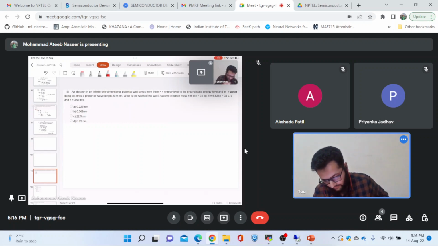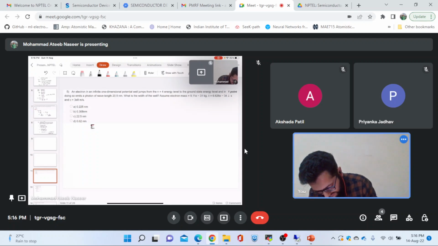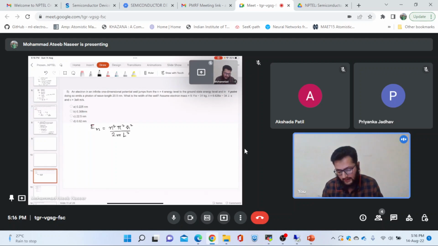Now we know for the particle in one dimension, if we consider the nth state, the energy is given by n squared pi squared h bar squared over 2m L squared, where this L is the length of the box in 1D.